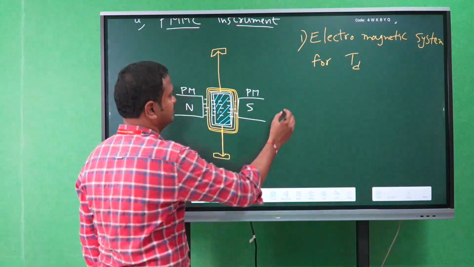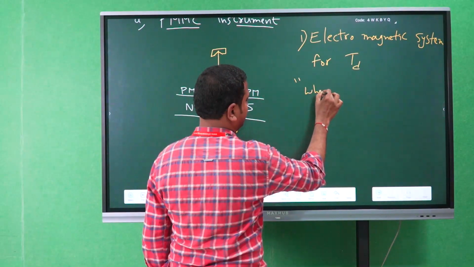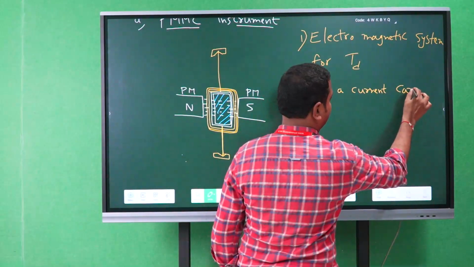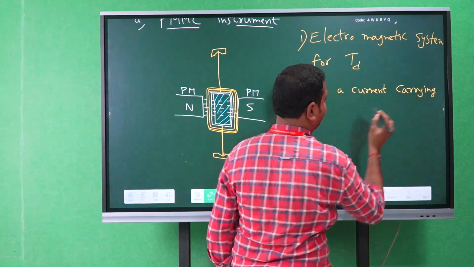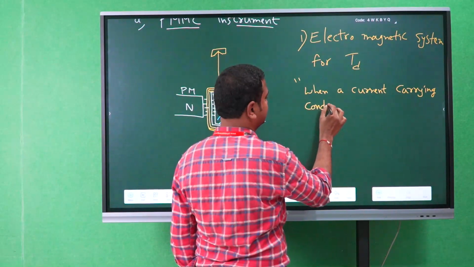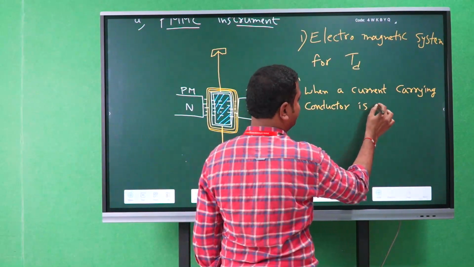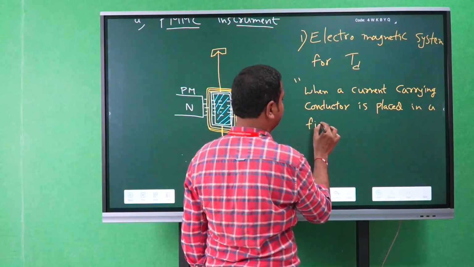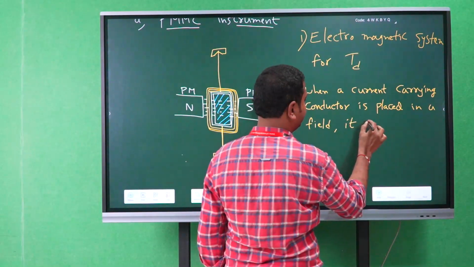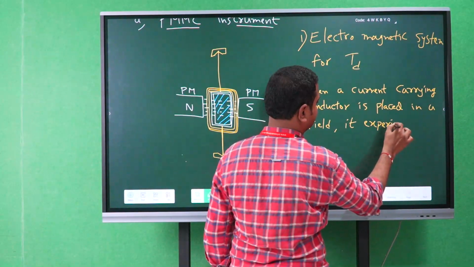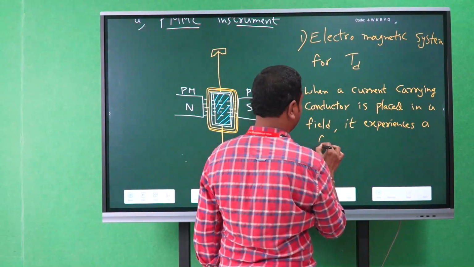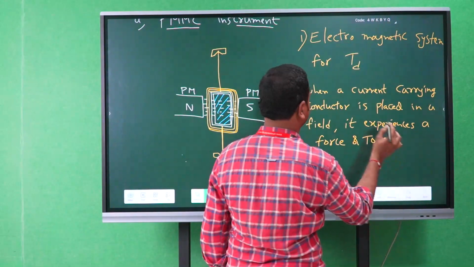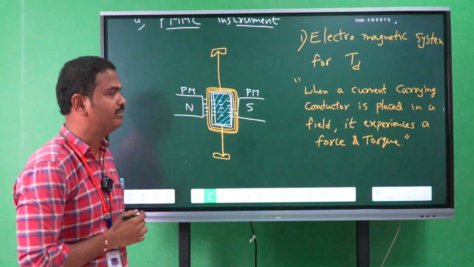That is, when a current carrying conductor is placed in a magnetic field, it experiences a force or torque. So this is the working principle for the PMMC instrument.